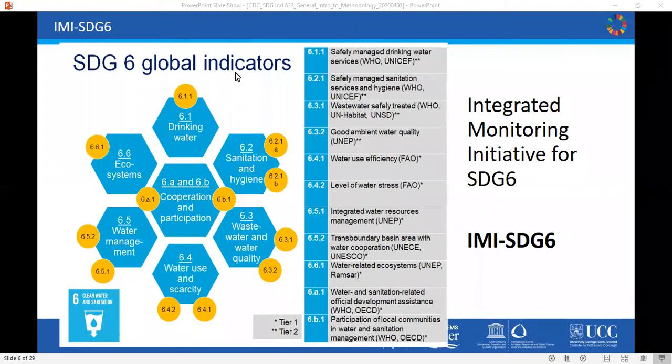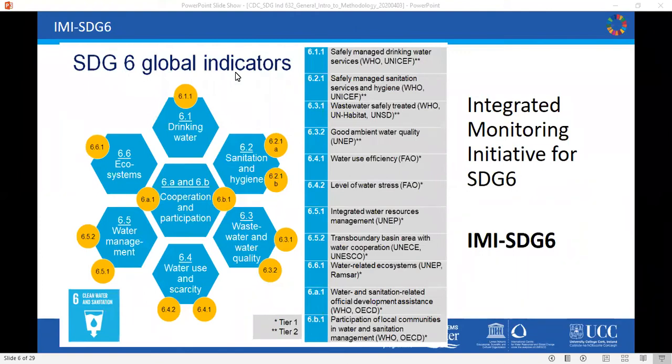Here you see an overview of all the SDG 6 targets and indicators and which agencies are working on them. The UN Environment Programme is responsible for three of the SDG 6 indicators. Of course, that is 6.3.2 on water quality, and the others are 6.5.1 on integrated water resources management and 6.6.1 on healthy freshwater ecosystems.